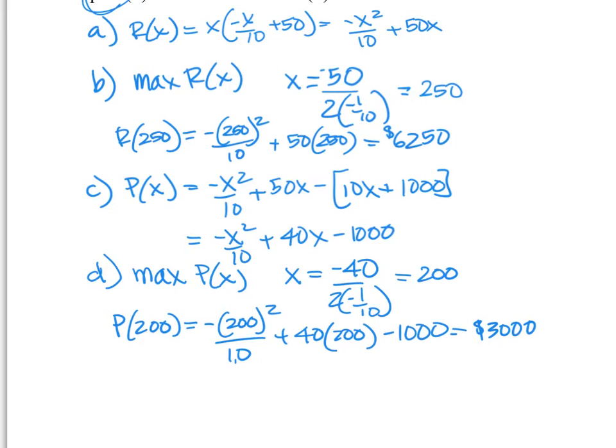The next thing we are figuring out are the break-even points. So for letter E, we are doing the break-even points. Now if I were to sketch a graph, the revenue is a quadratic and the cost is a line.